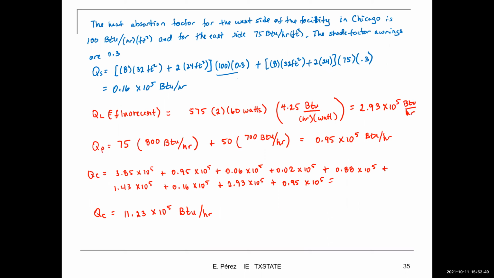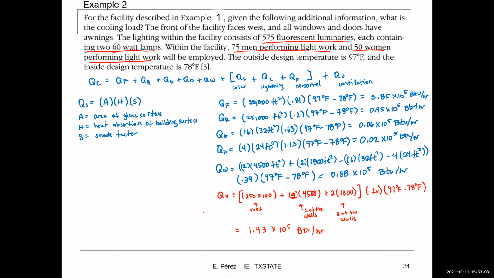So if the HVAC experts were to design an air conditioning system for this facility, this is the capacity their system must have, for this temperature, obviously, if you want to have a temperature of 78 degrees inside the facility.